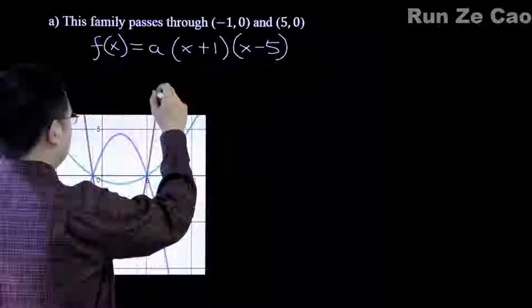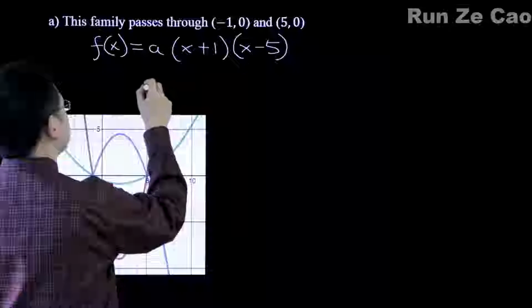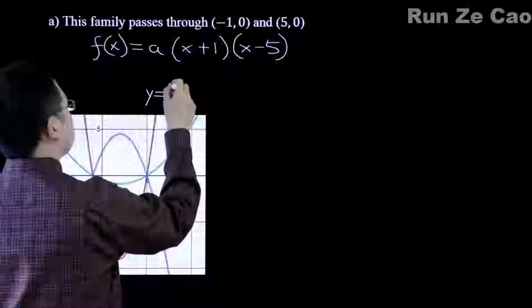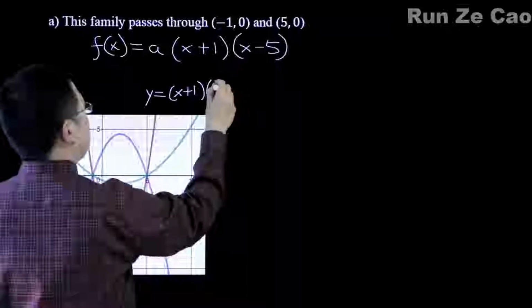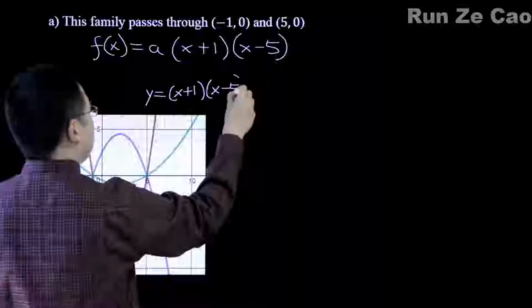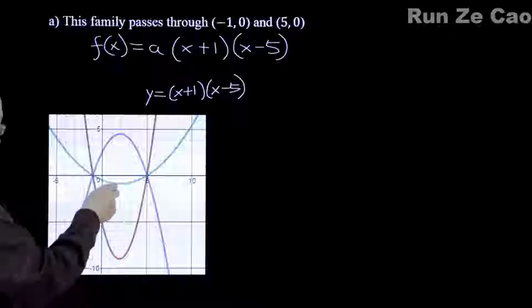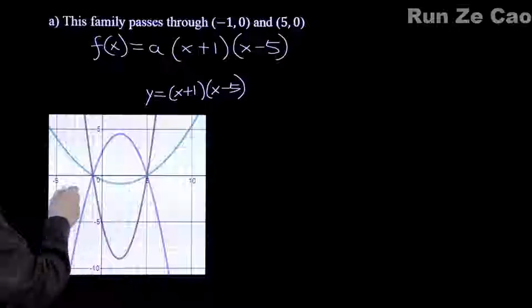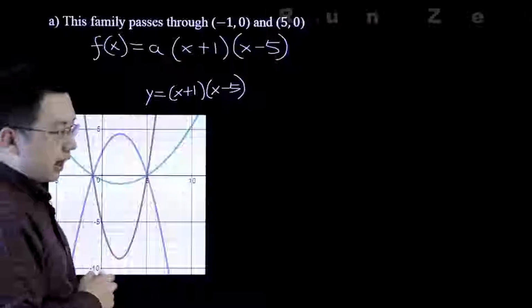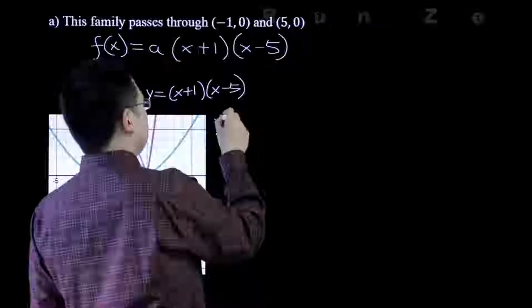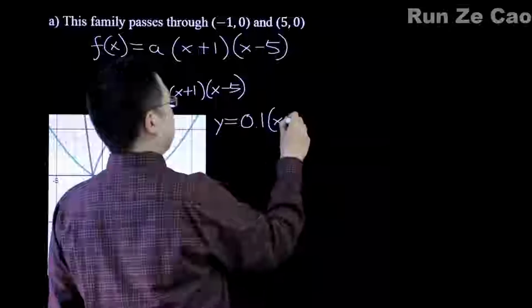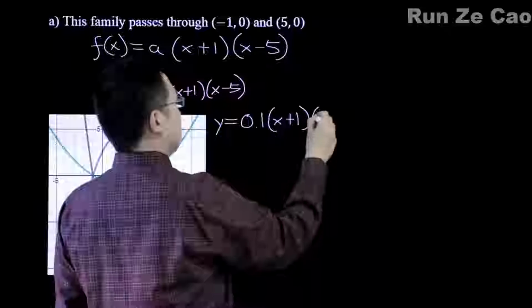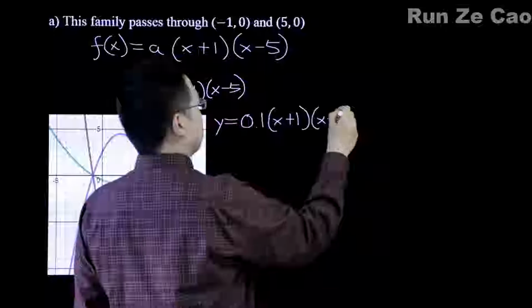So this is y equals (x plus 1)(x minus 5). Now this one here, it actually doesn't quite reach the negative 1 line. And I seem to remember having entered it as y equals 0.1 times (x plus 1)(x minus 5).